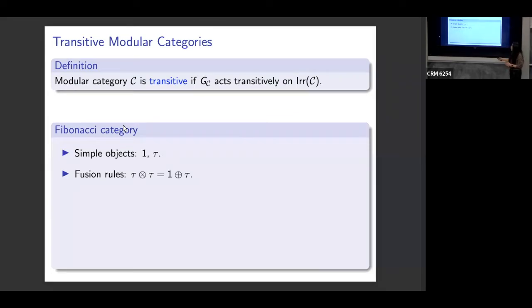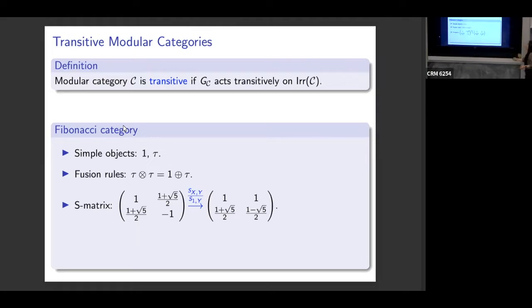Let's take a look at the first non-trivial example, which is the Fibonacci category. It has two simple objects labeled by 1 and tau. The fusion rule is generated by tau tensor tau, and the S matrix can be written like this. If we follow a similar exercise as before, we rewrite the S entries like this.